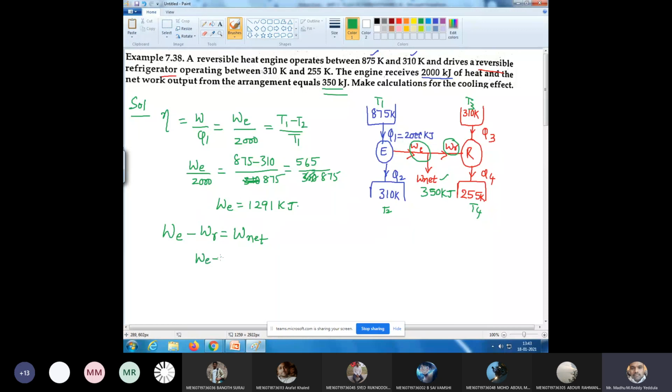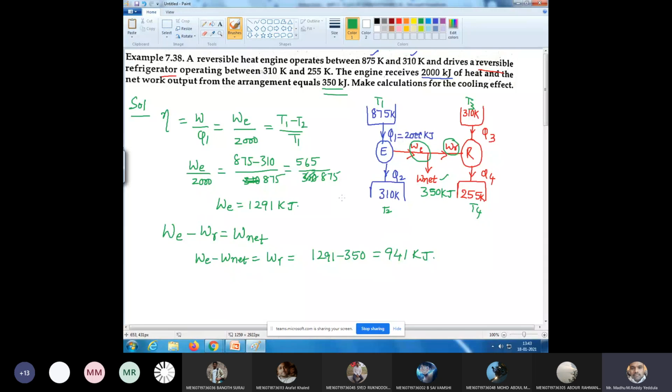W_E minus W net is equal to work consumed by the refrigerator. So 1291 minus 350. How much will it be? 941 kilojoules.